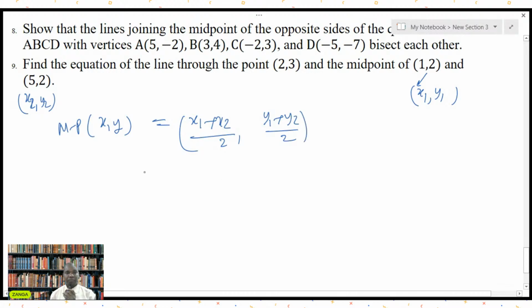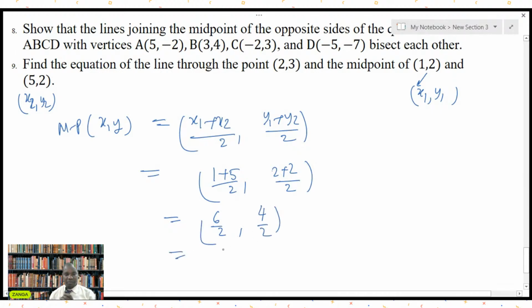Okay? And with this, what is x? It is 1 plus 5 divided by 2, 2 plus 2 divided by 2. So this is going to be 6 divided by 2, 4 divided by 2. Eventually you have a point which is (3, 2). Okay?